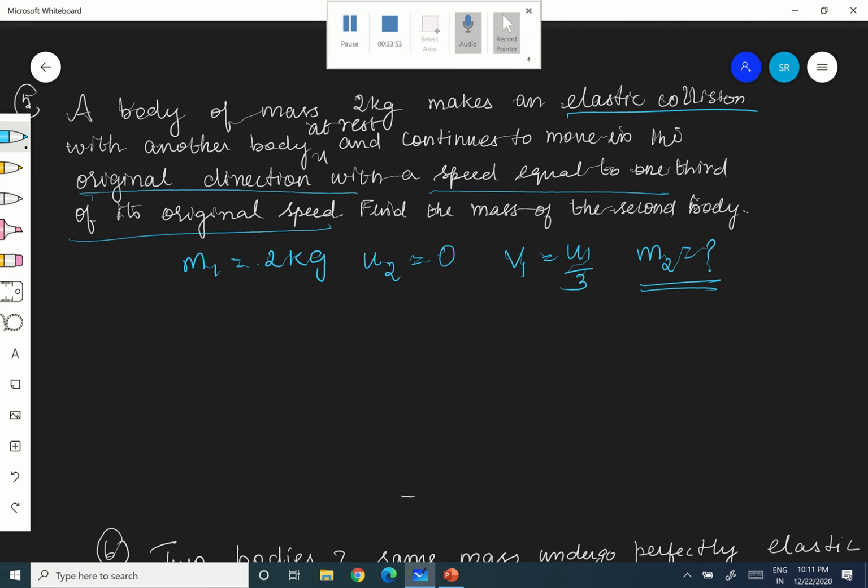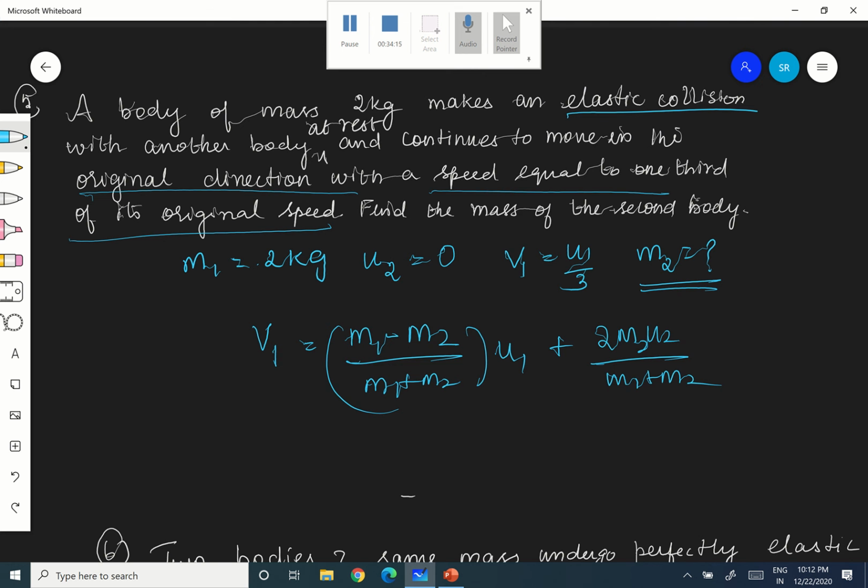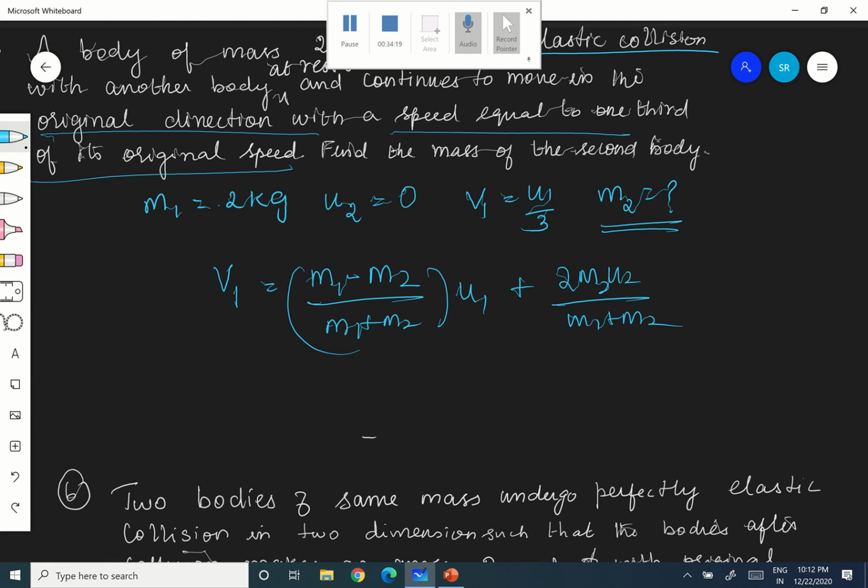For elastic collision there is one expression for the velocity of the first body after collision: V1 is equal to (M1 minus M2) divided by (M1 plus M2) into U1, plus 2M2 U2 divided by (M1 plus M2). I told you to memorize this; we have derived it. That formula you have to use here, because everything is known except M2.